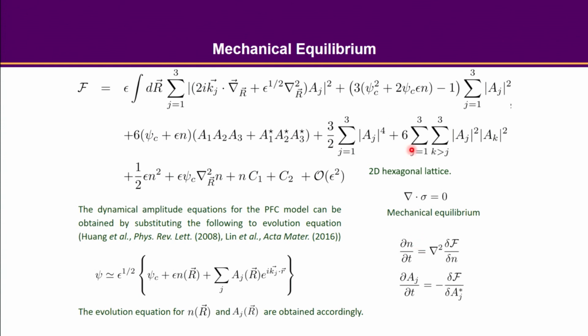Which means the phase of A also evolves at a much faster time scale than the density field. So that's why you can expect that on the scale of density diffusion, the strain field almost instantly reaches local mechanical equilibrium during the PFC simulation.